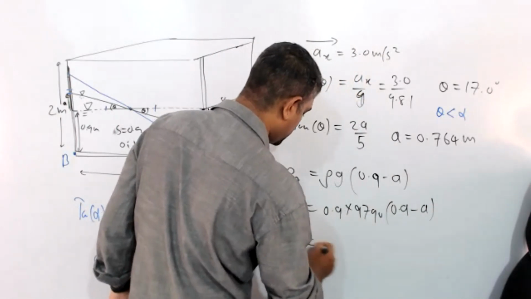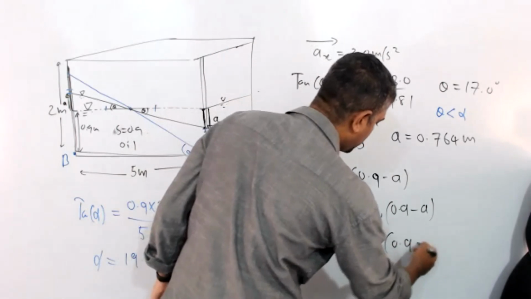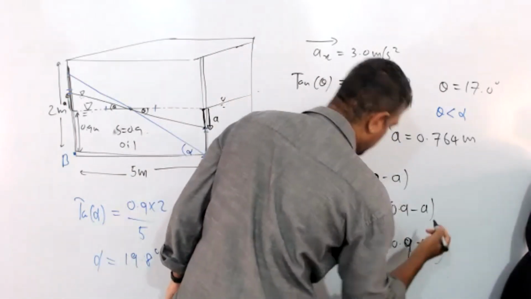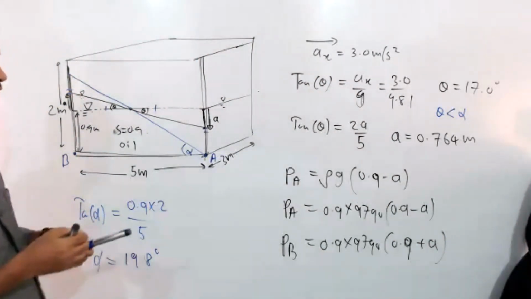Then PB is 0.9 into 9790 into 0.9 plus A. In that way we can calculate the pressure.